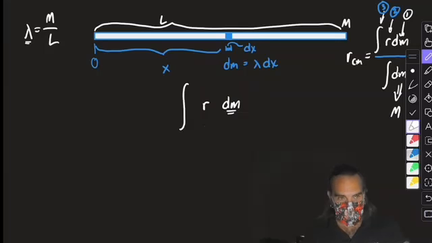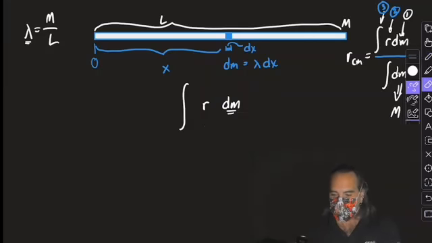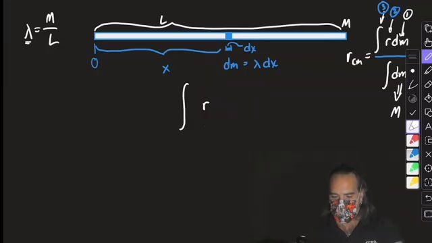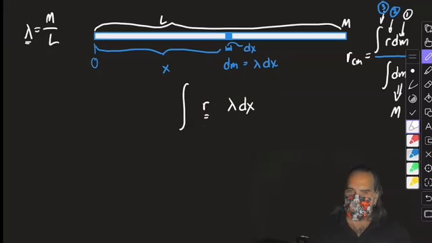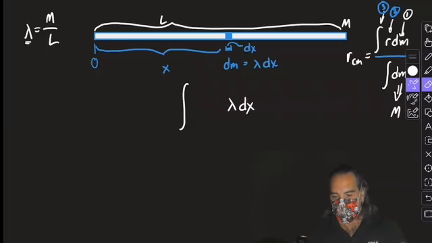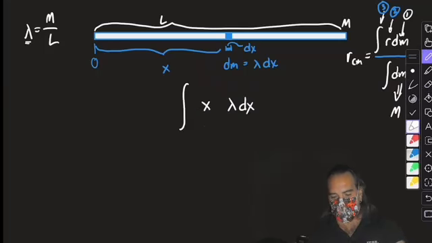We are going to replace it with something that has to do with the density and the width of each piece. R is my pointer. It points to where the object is, where this piece of mass is. And it assumes that we've picked a reference point. For us, that's x.